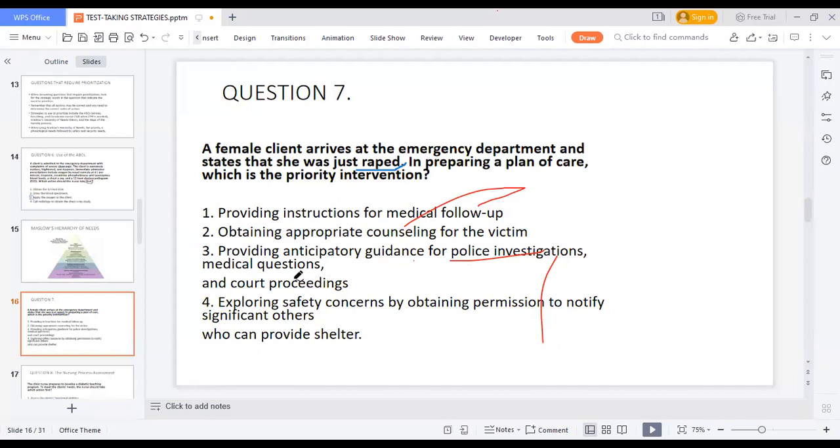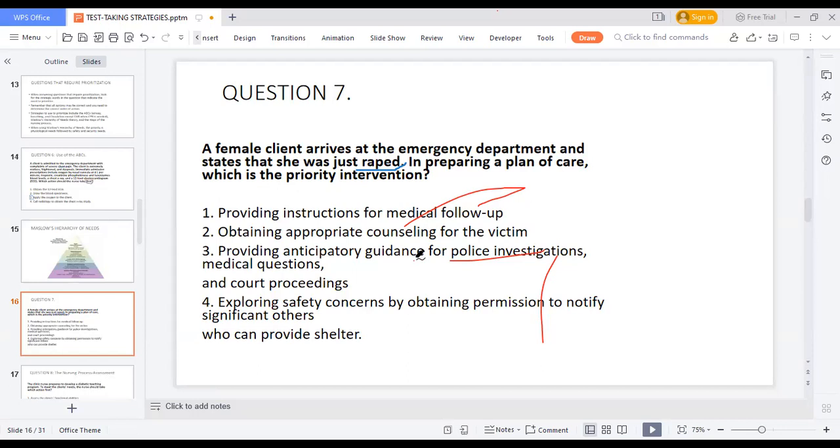Is that the first thing to do? Let's go. Exploring safety concerns by obtaining permission to notify significant others who can provide shelter. Safety concerns.